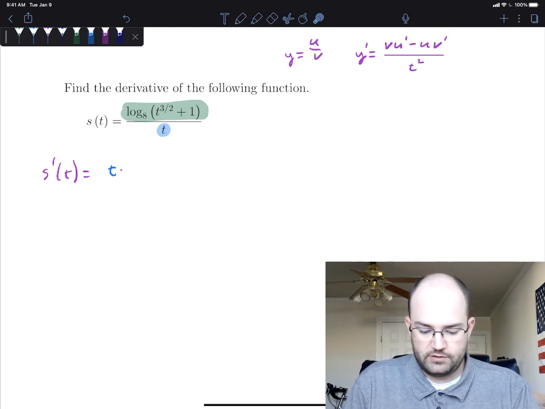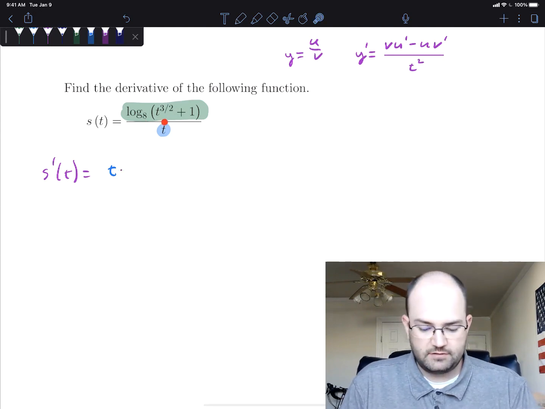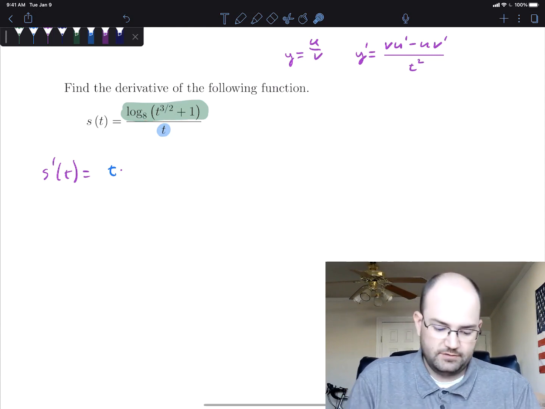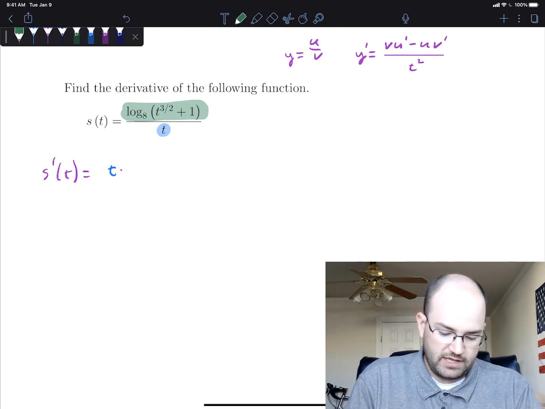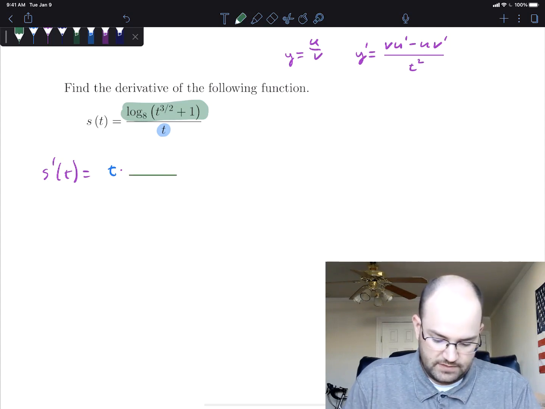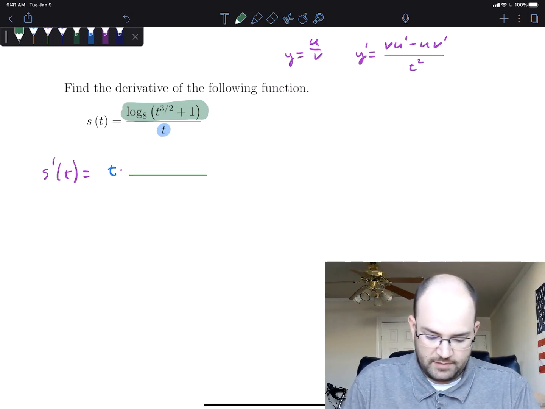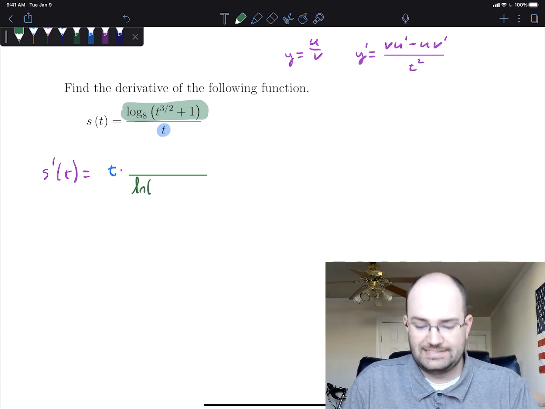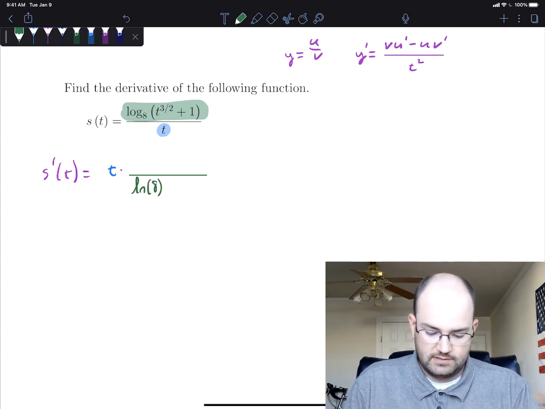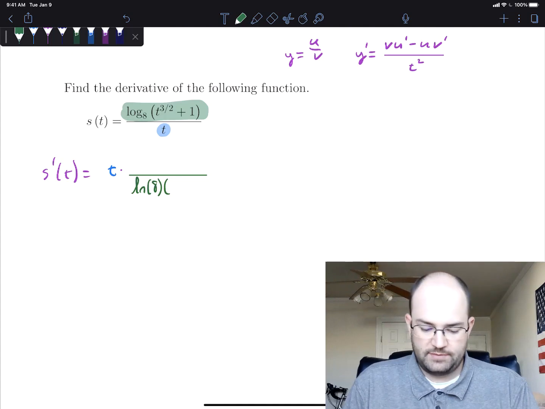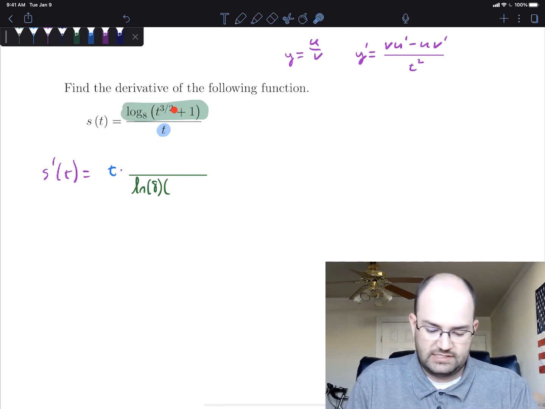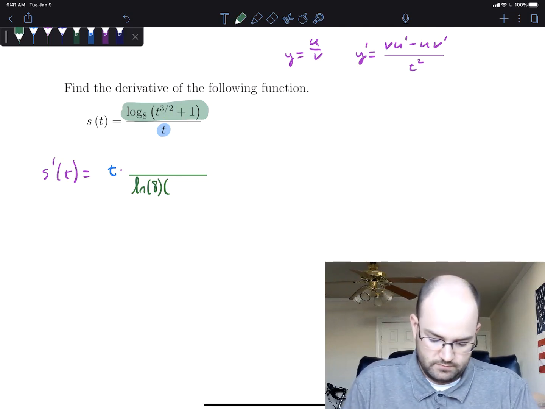Now the numerator here is log base 8 of t to the 3/2 plus 1. Notice that there is a base 8 here, and so what I'm going to do is multiply this t by 1 over, and in the denominator you will have the natural log of the base 8, and then also in the denominator I'm going to go ahead and write down the entire t to the 3/2 plus 1.